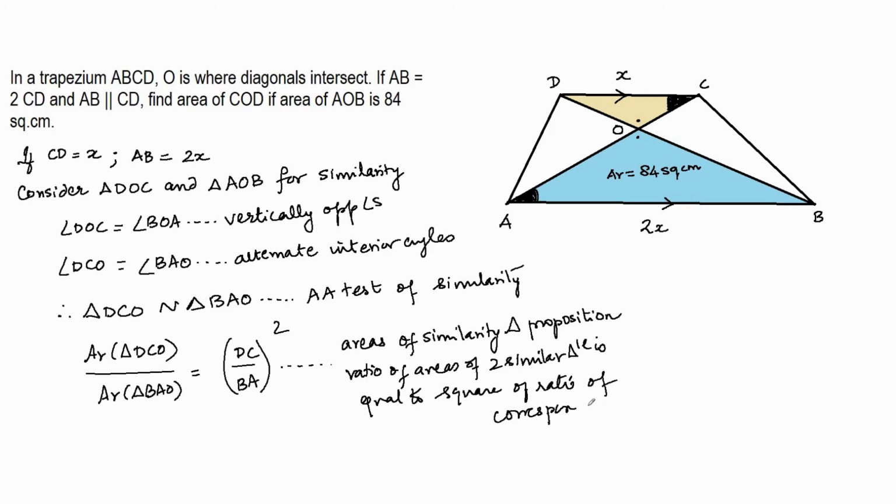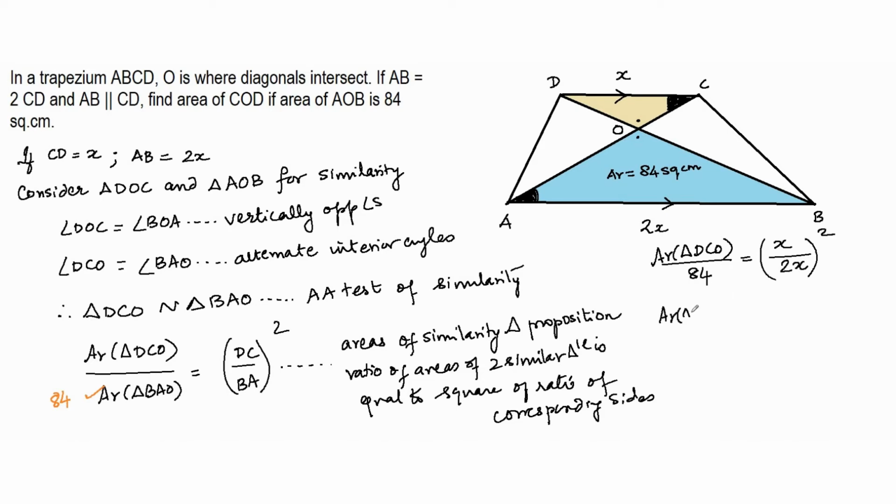You could also mention the property. And now we know that the area of triangle AOB is equal to 84, and we know the ratio of DC upon BA. So this is how we can find area of triangle DCO. Therefore area of triangle DCO divided by the area of the complete triangle, 84, is equal to DC, which is x, divided by AB, which is 2x, the whole square.